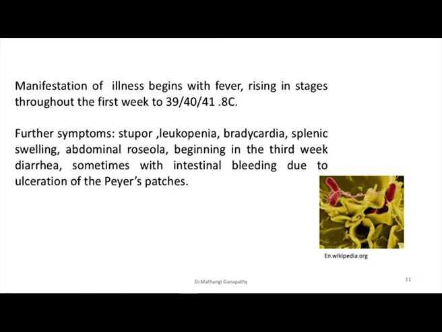Now, the manifestation as illness happens with an increase in temperature, fever rising through the first week to 39, 40 to 41.8 degrees. Then the further symptoms of typhoid occur like stupor, leukopenia, bradycardia, splenic swelling, abnormal roseola beginning in the 3rd week, diarrhea, sometimes intestinal bleeding also because of ulceration in the Peyer's patches.